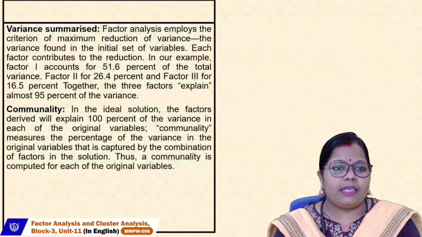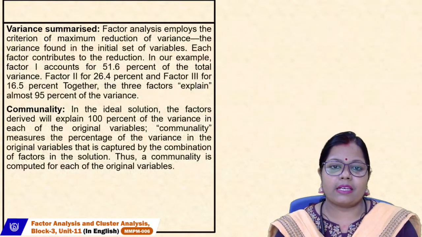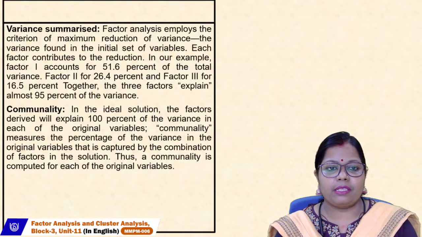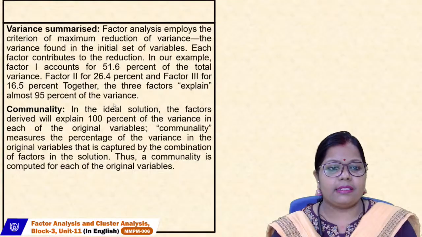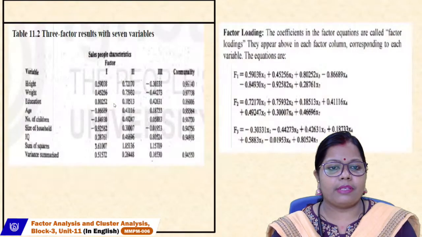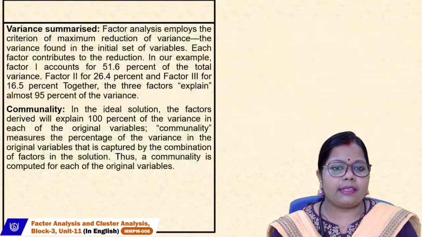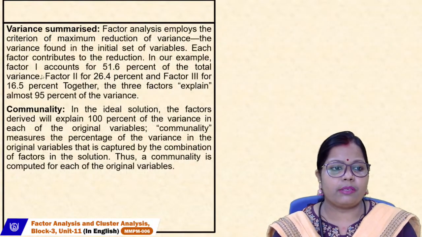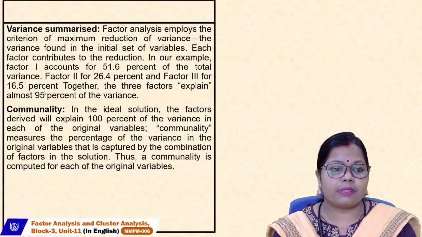Let us discuss the same thing over here. Factor analysis employs the criterion of maximum reduction of the variance found in the initial set of variables. We can see the variables and the correlation values we have cited, and we can say that in our example factor 1 accounts for 51.6% of the total variance, factor 2 for 26.4%, and factor 3 for 16.5%.